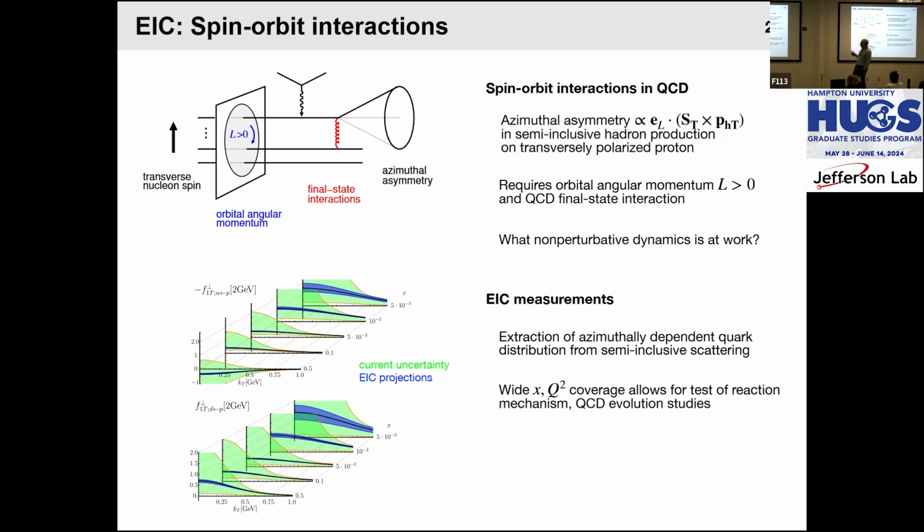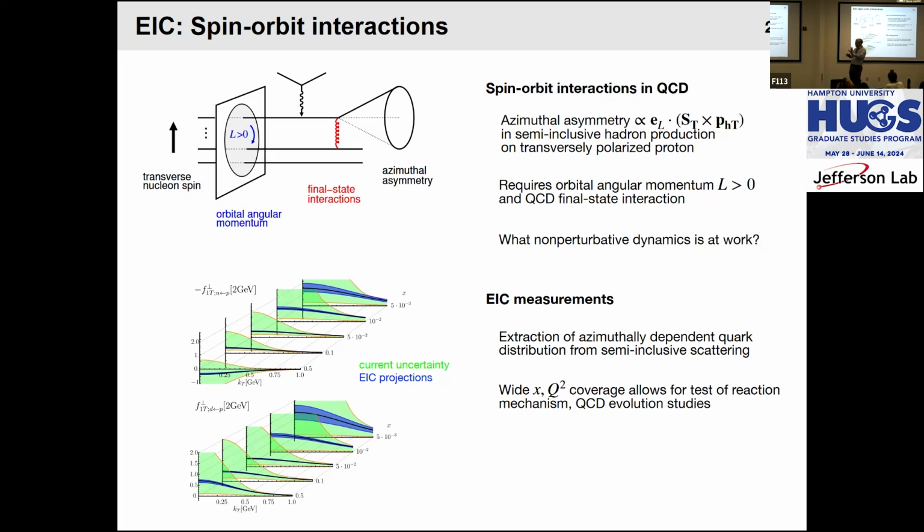And it requires also so-called final state interactions of the struck quark with the remnant of the target. This is because these final state interactions make a phase of the amplitude, and some imaginary part, or some factor of i, is required in order to have this structure here non-zero.